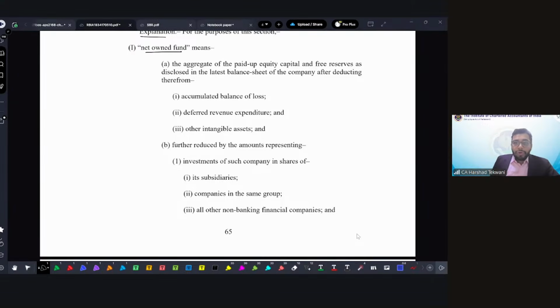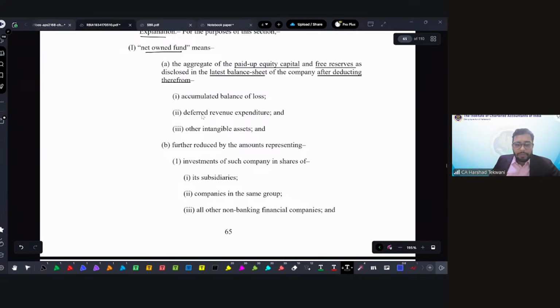So, net own funds is the aggregate of paid up capital and free reserves as disclosed in the latest balance sheet of the company, but after deducting the following.